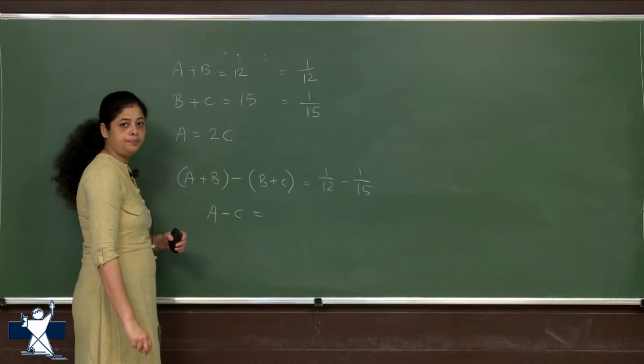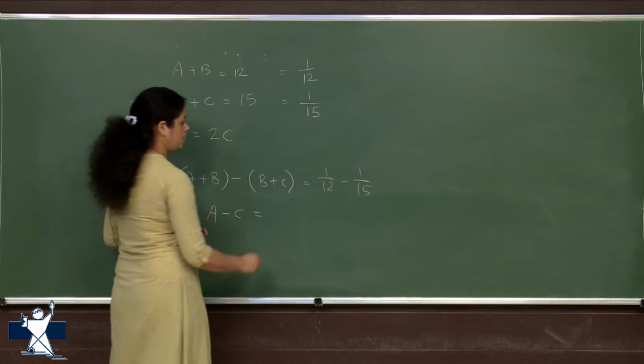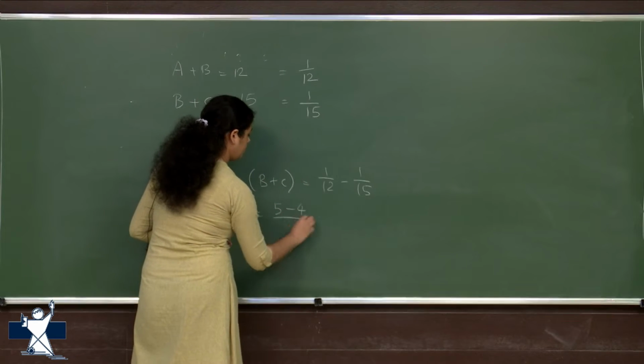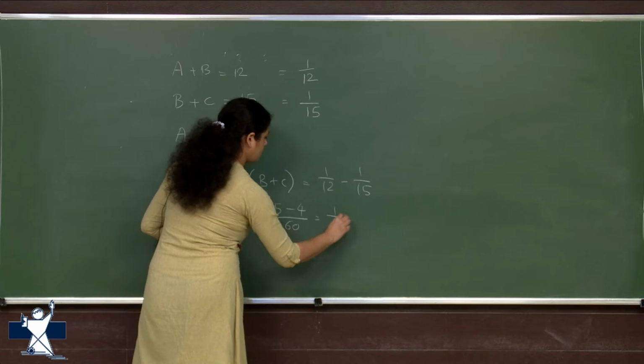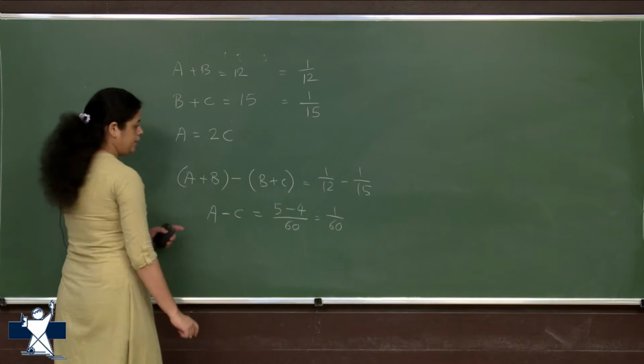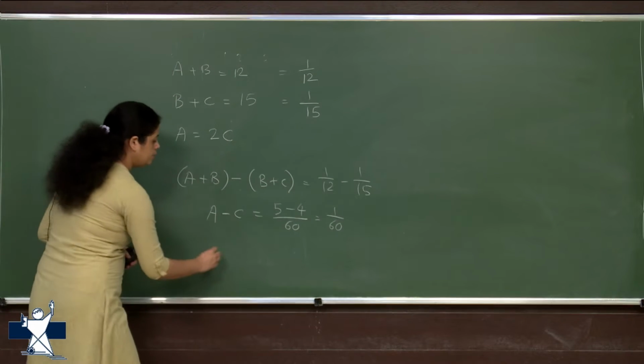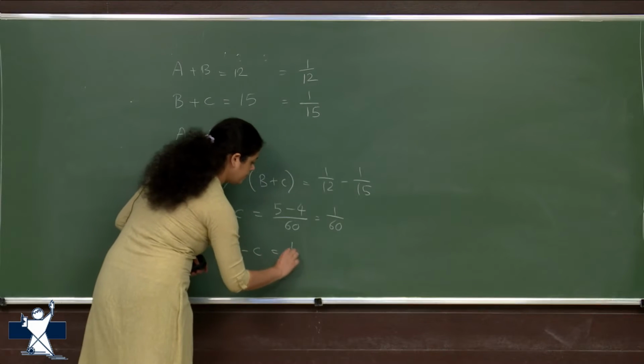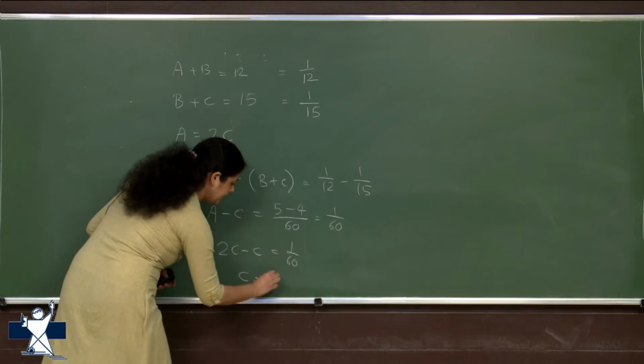LCM will be 60. A minus C is equal to 1/60. Now put the values. So 2C minus C is equal to 1/60. That means C is taking 60 days.